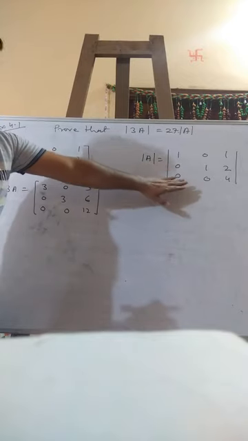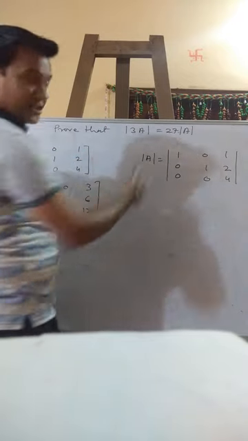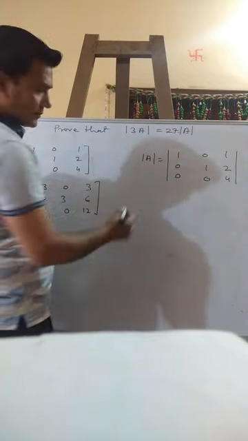First I am going to expand this determinant, for RHS. So determinant of A is according to first column.